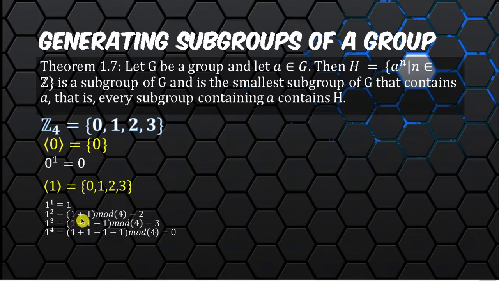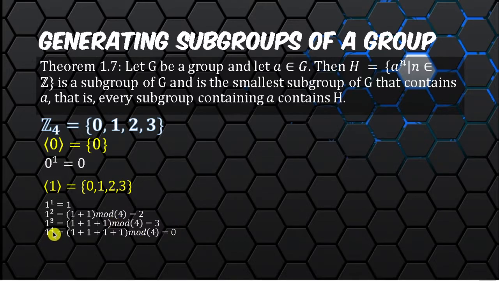Because the binary operation is the addition modulo 4, this means 1 plus 1 modulo 4, which is 2. 1 cubed means 1 plus 1 plus 1 modulo 4. Because it's a binary operation, we can solve any two here and then add it again to the third. The result there is 3.